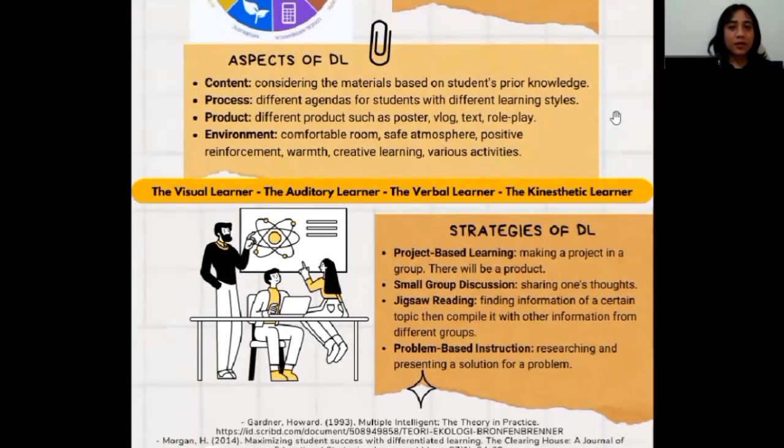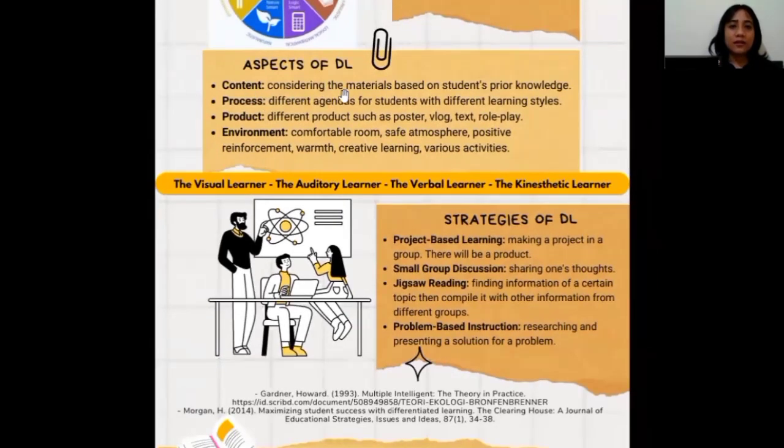For example, if we want to make differentiated content, that means we consider the materials based on the student's prior knowledge. The teacher can make a pretest and the students will do it, and the result will show the student's ability or knowledge. So with that data, the teacher can know their knowledge.